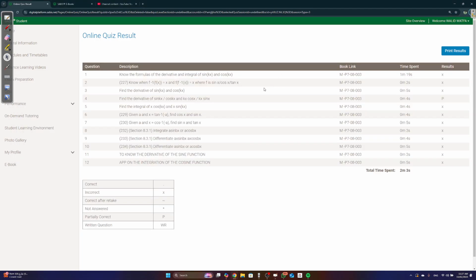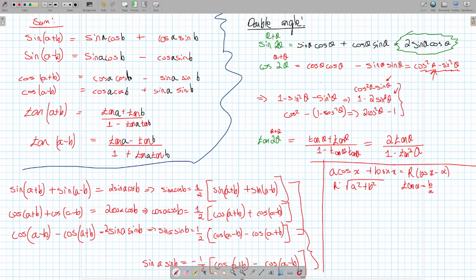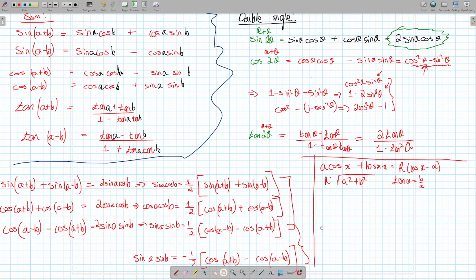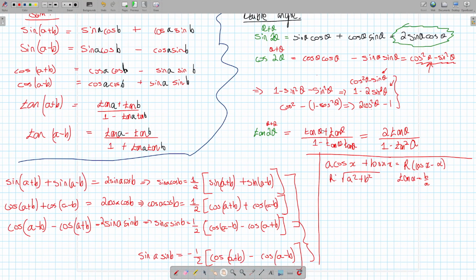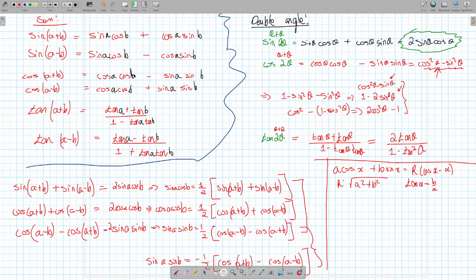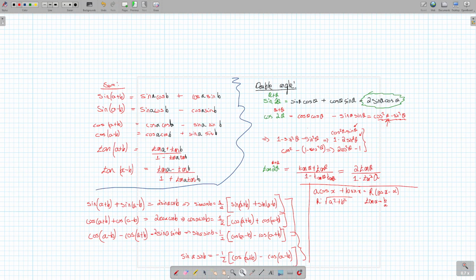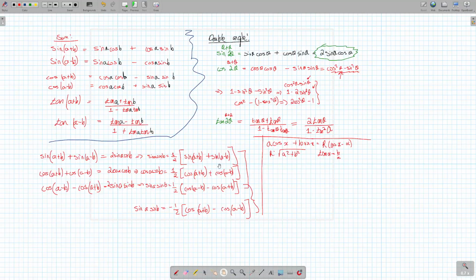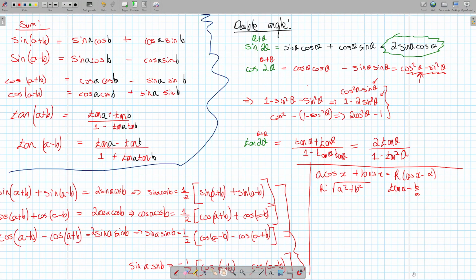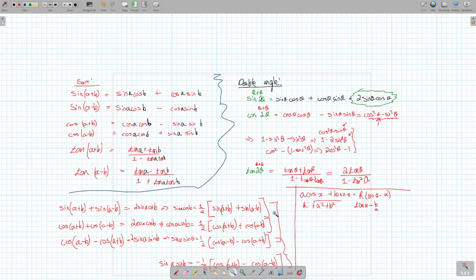So 8.3 is all about derivation and differentiation for trigonometric functions. I think you screenshotted this before, but I want to make it in a way where it's all one page. I'm gonna scale it.